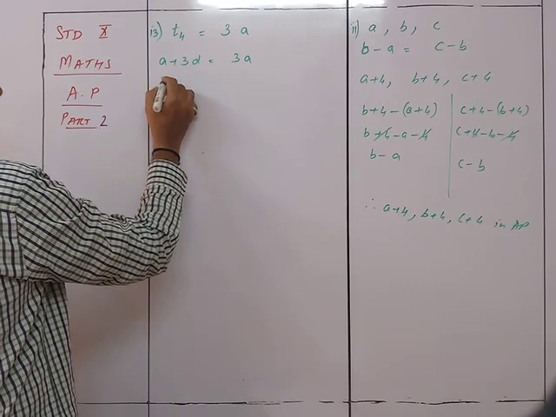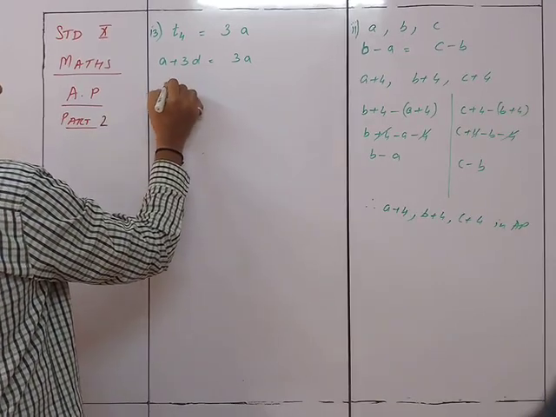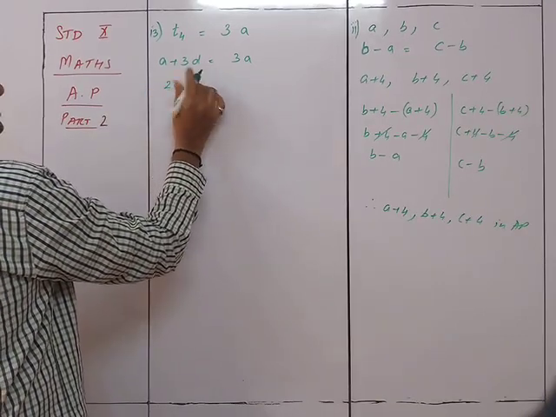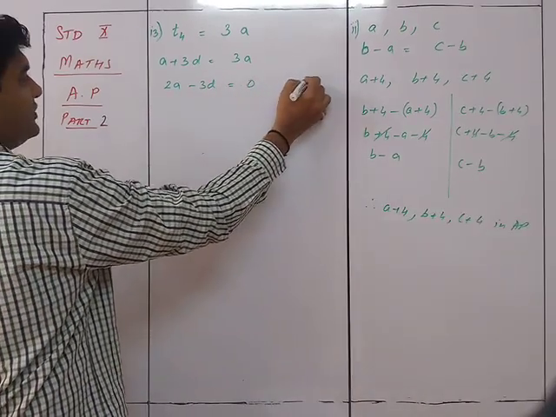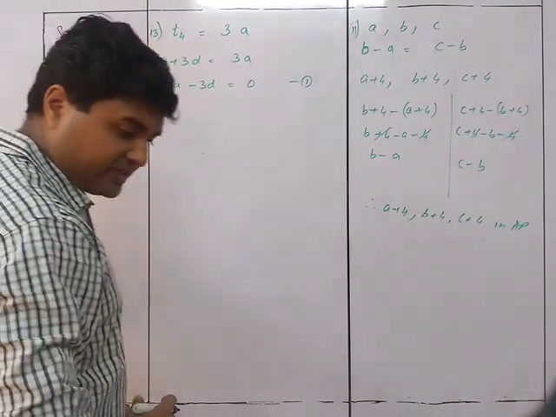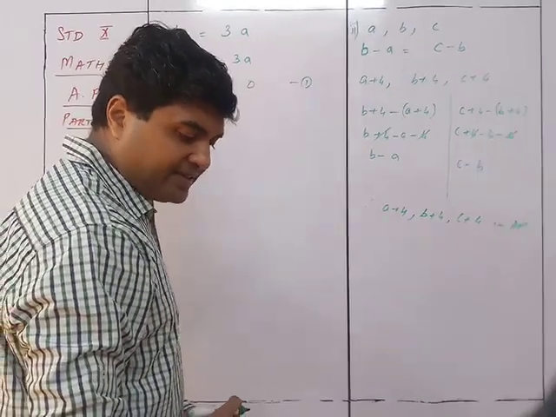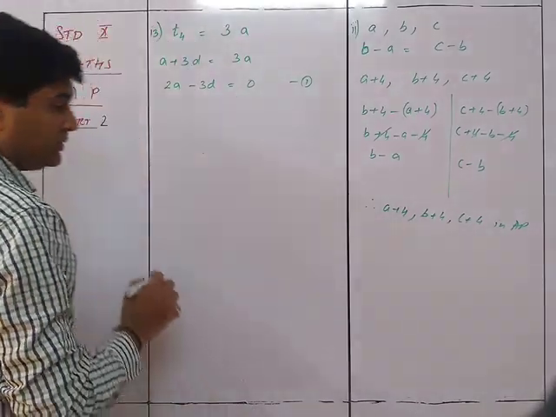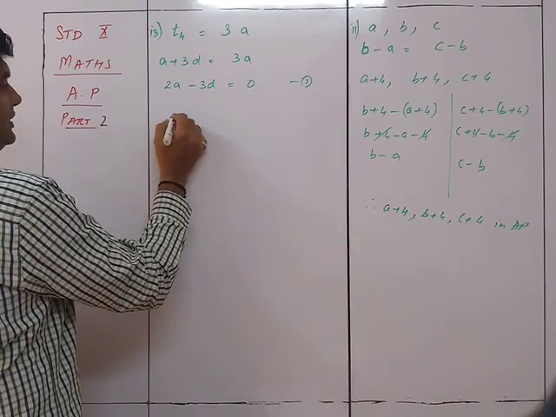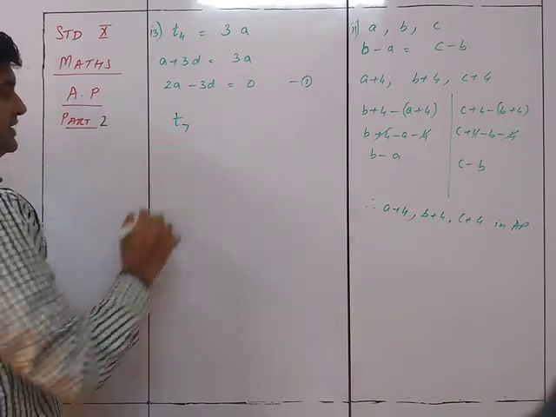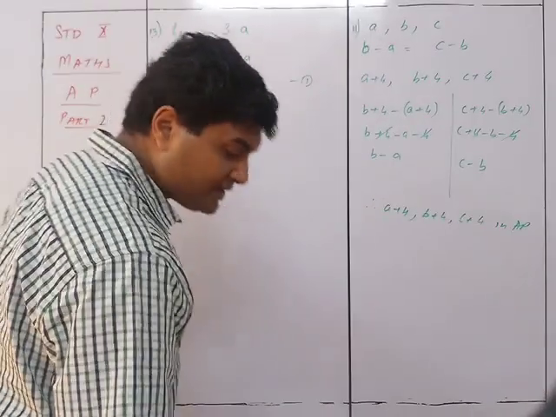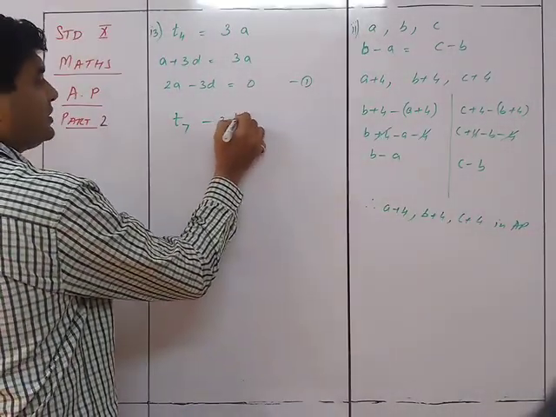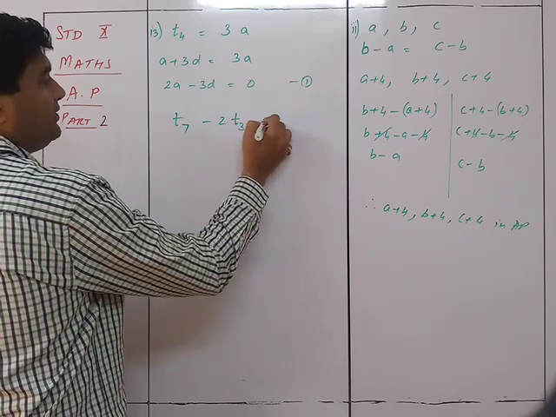So we can see over here that if I take it on this side, 2A minus 3D is equal to 0. That's the first equation. What's the next? Seventh term exceeds twice the third term by 1. The seventh term, T7, exceeds, that is, it is more than twice the third term. So T7 minus 2 times the third term is equal to 1.